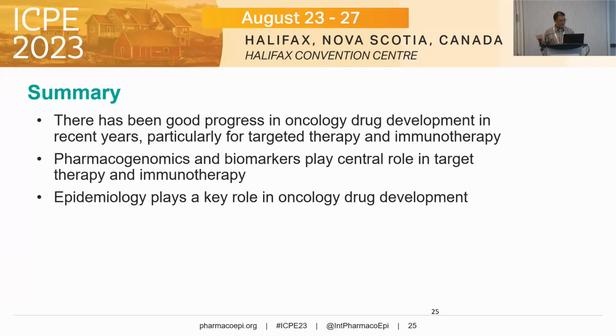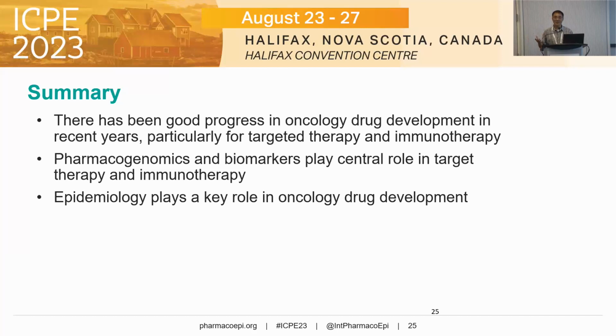So this is my last slide. In summary, there has been very good progress in oncology drug development in recent years, particularly in targeted therapy and immunotherapies. Pharmacogenomics and biomarkers play very central roles in targeted therapies. I hope I gave you at least some primer to think about.